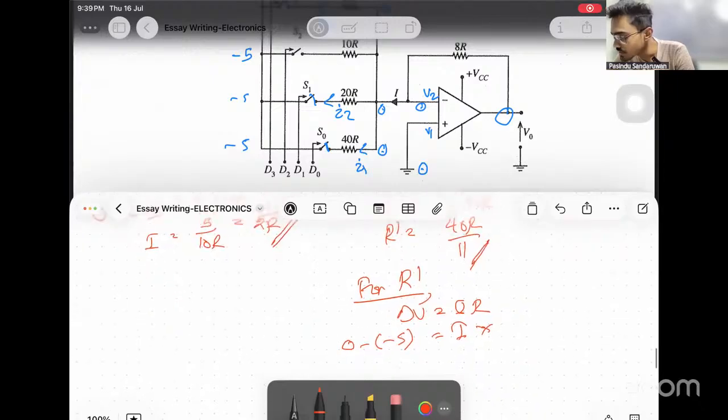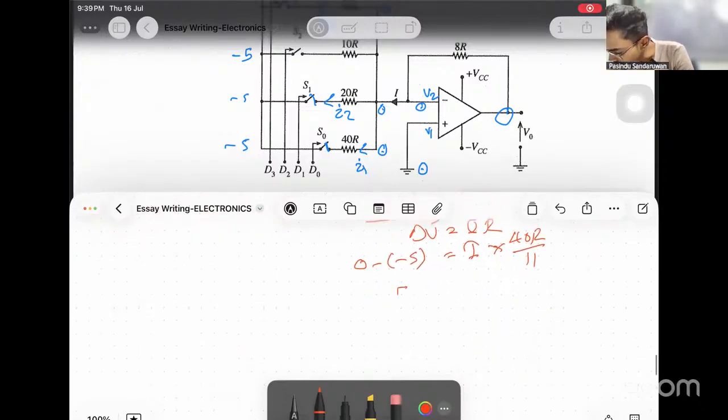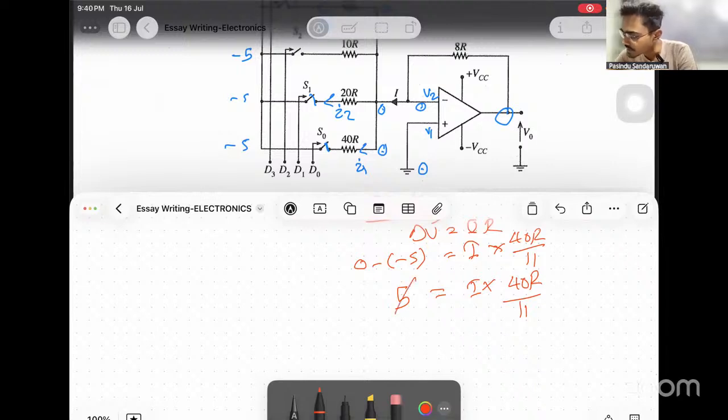R is 40R over 11, so 5 equals I times 40R over 11. 5 times 11 over 40R, so I equals 11 over 8R.